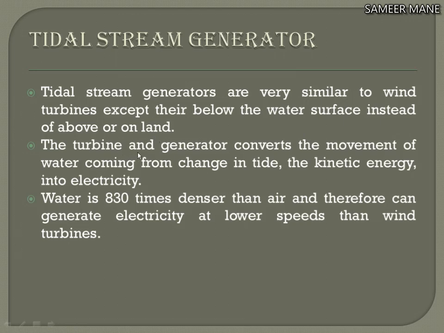The turbine and generator convert the movement of water coming from change in tide, the kinetic energy, into electricity. Water is 830 times denser than air and therefore can generate electricity at lower speeds than a wind turbine.